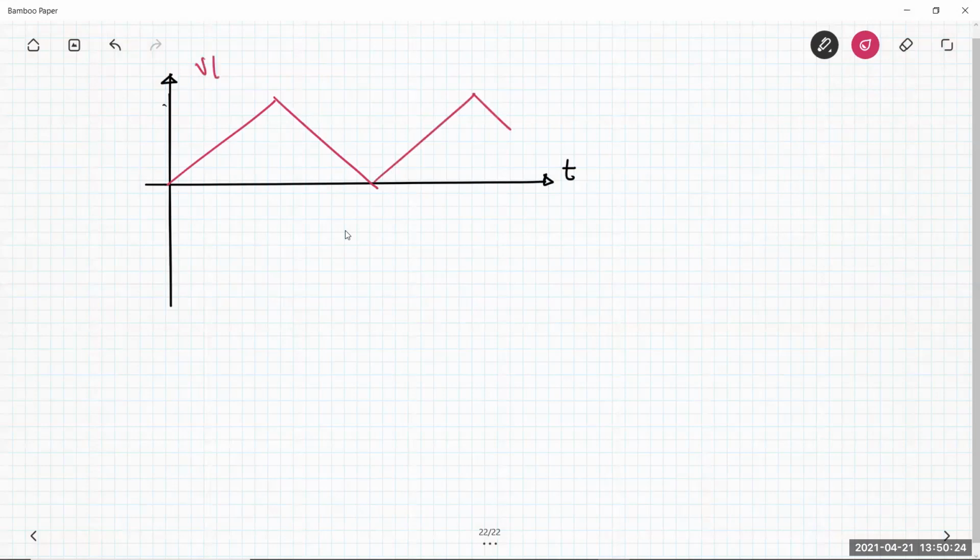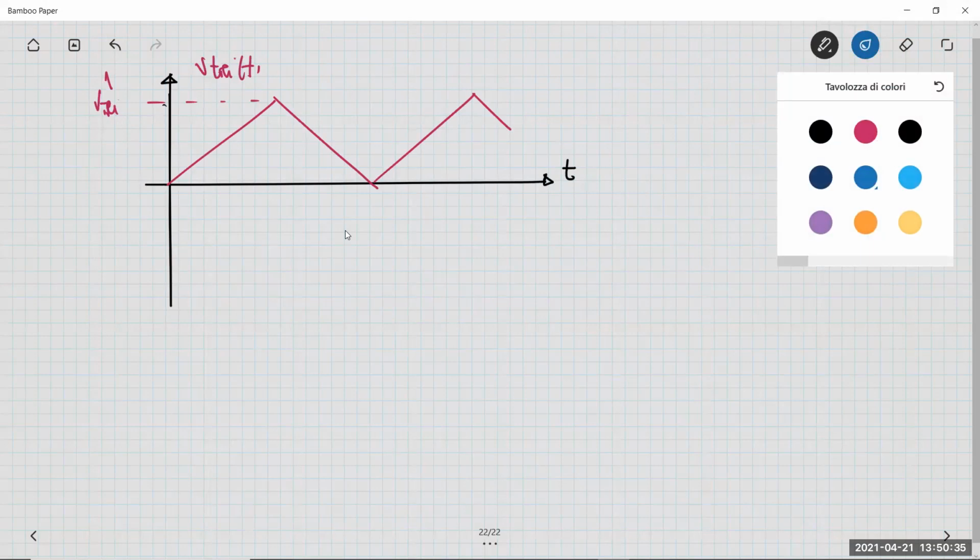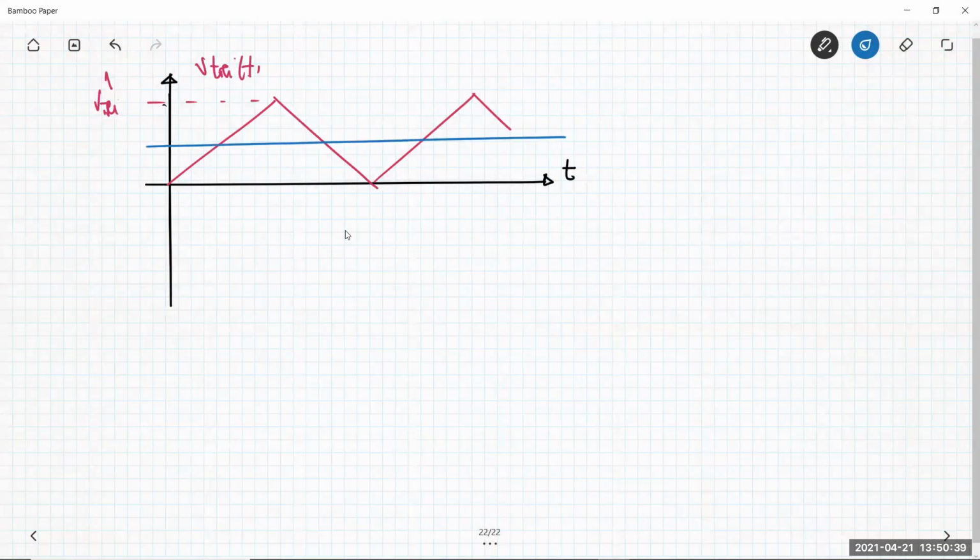So this is V triangular. We have this peak value. And then you have your control voltage. Since we are discussing DC to DC converters for DC motors, the control voltage is a constant, V control A, a DC quantity.